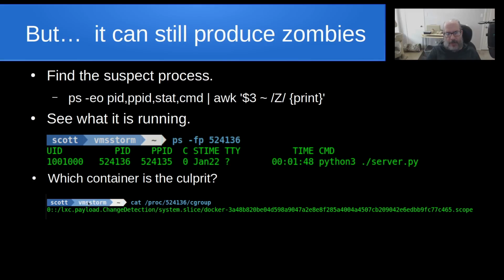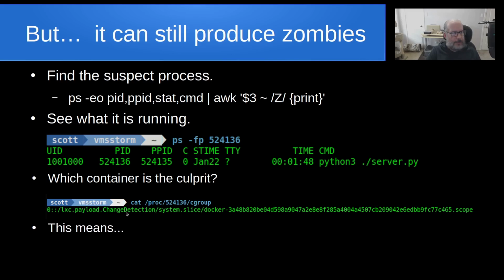So again, VMS Storm is my Incus host, and I'm on my Incus host, but I'm looking at a zombie, and that zombie was produced from that Docker container nested inside of the Incus container named change detection.